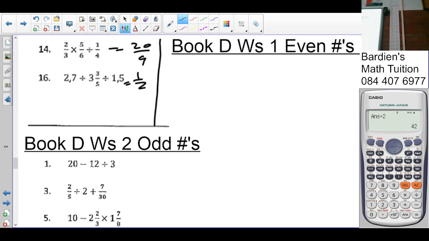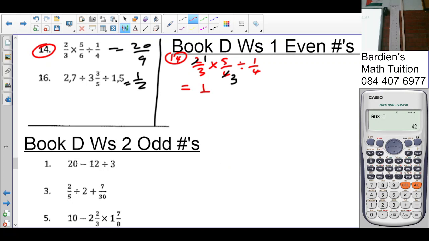Right, go for it, Michael. So it's 2 over 3 multiplied by 5 over 6 divided by 1 over 4. Right, what's your first line? 1 over 3 times 5 over 3 divided by... So you said 2 goes into 2 once, 2 goes into 6 three times.